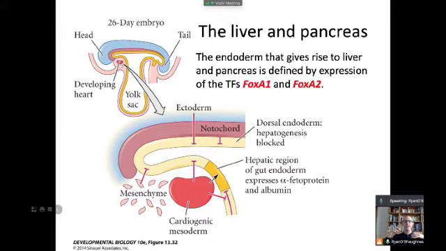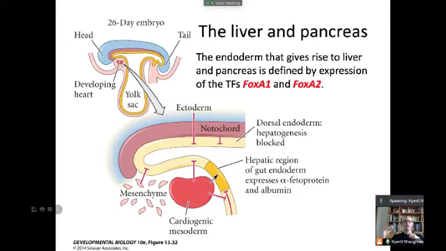And it's a combination again of mesodermal tissues, this time cardiogenic mesoderm, so the developing heart, in conjunction with ectodermal signaling and also signaling from the notochord, and together these signaling pathways are able to specify whether we have a liver or a pancreas.